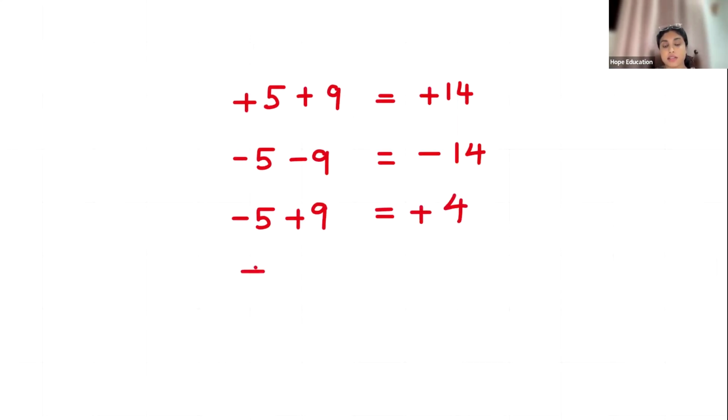Plus 5 minus 9. What is the answer? Yes, we subtract the small number from the big number. So 9 minus 5 is 4. The sign of the big number 9 is minus, so I put minus. Same thing I apply here.